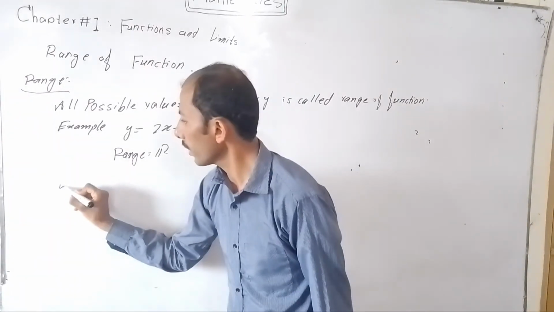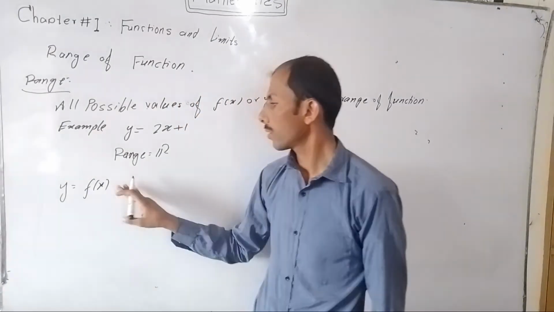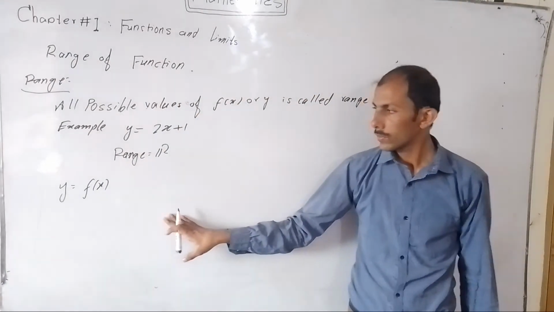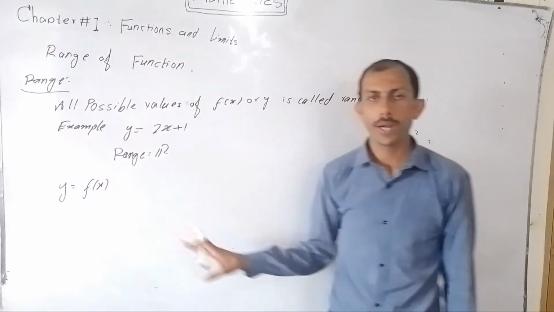Next, y is equal to f of x. This function notation was introduced by the Swiss mathematician Euler.